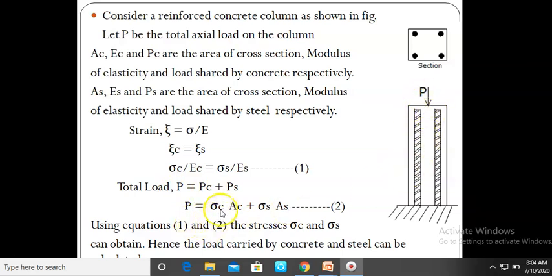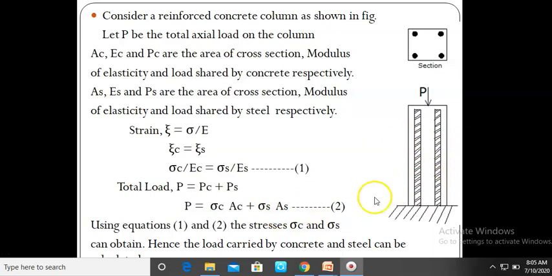Therefore P is equal to, substituting force as stress into area, since stress equals force by area, P is equal to sigma C into AC plus sigma S into AS. Here we use the cross-sectional area of the individual materials, that is, the area of concrete and the area of steel.